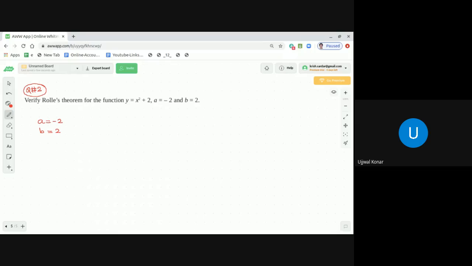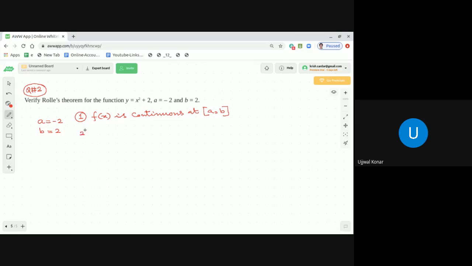So what we can say? The first condition is that f(x) is continuous. f(x) is continuous at the closed interval a comma b.